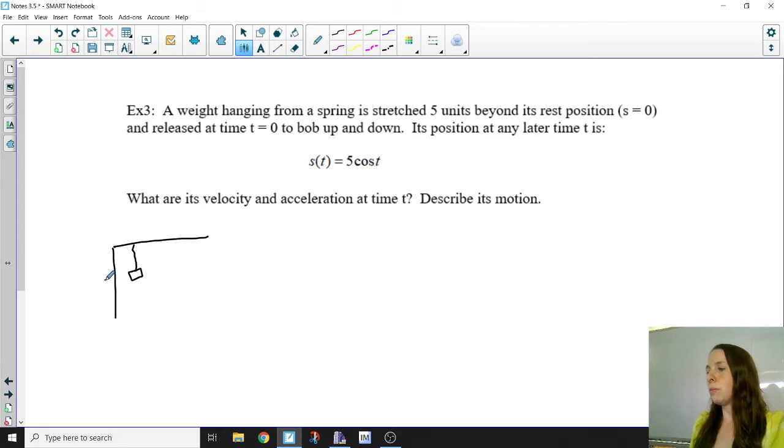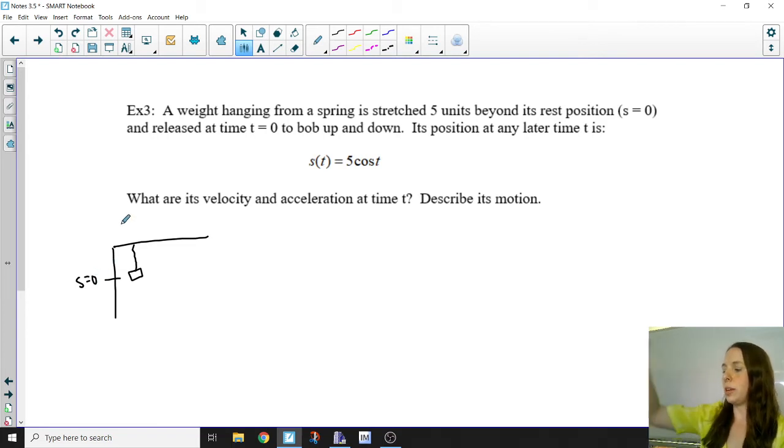We have rest position, which is S equals 0. That's just when the weight is hanging without anything acting on it but gravity. Then we have the stretched position, which is what the problem says is happening at time 0.